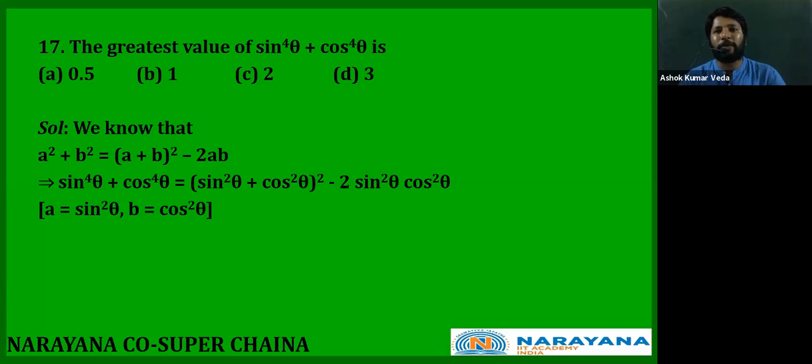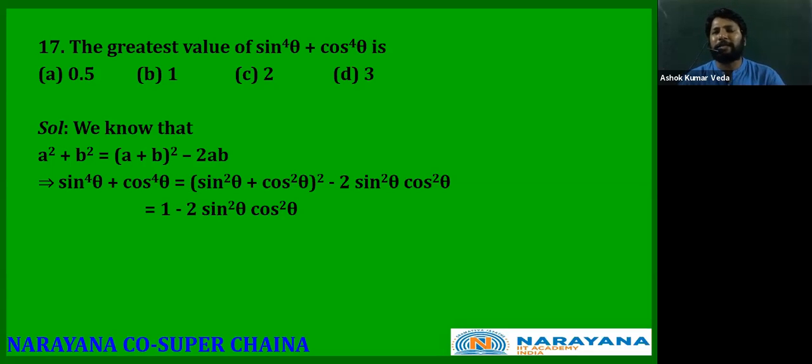That is sine square theta plus cos square theta the whole square minus 2 sine square theta cos square theta. Okay, which then simplifies to 1 minus 2 sine square theta cos square theta, right? Because sine square theta plus cos square theta is equal to 1. So we have 1 minus 2 sine square theta cos square theta.